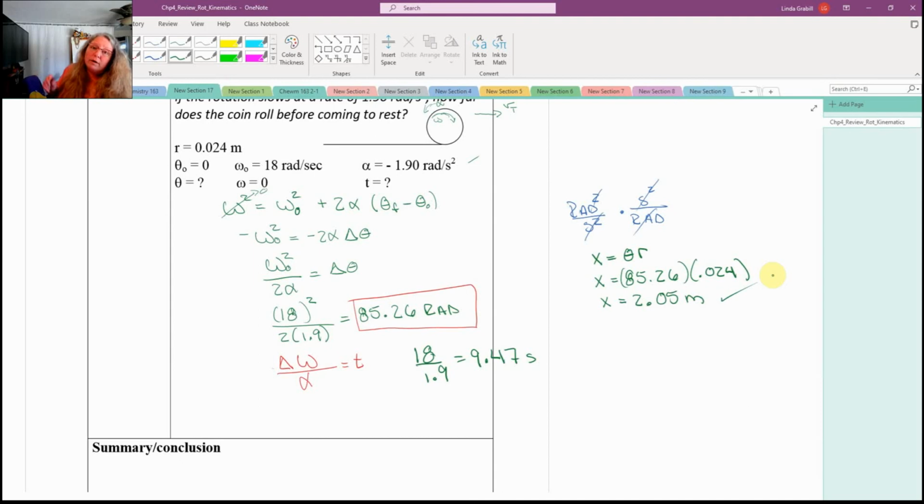When we go from radians to distance, there's no magic math I need to do to convert my theta into meters. If I'm in radians, you can think of it as getting towards the circumference that we've covered over and over again. The distance that we've gone is that 2.05 meters.